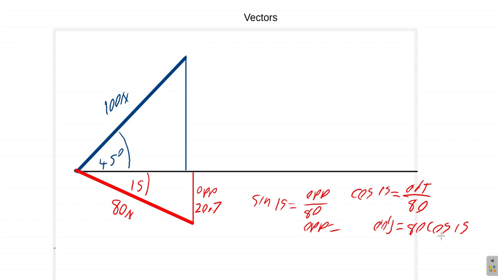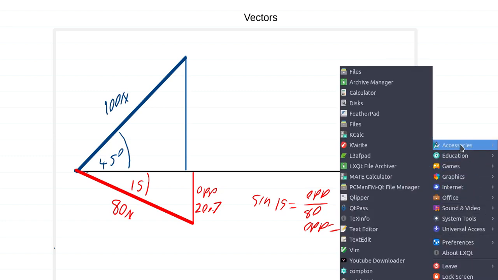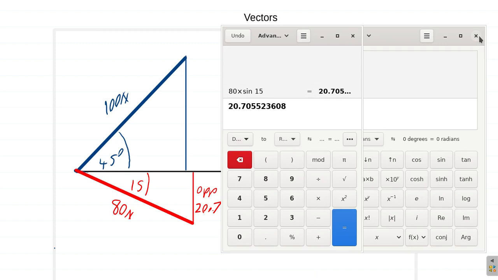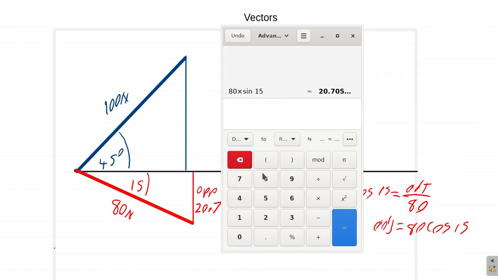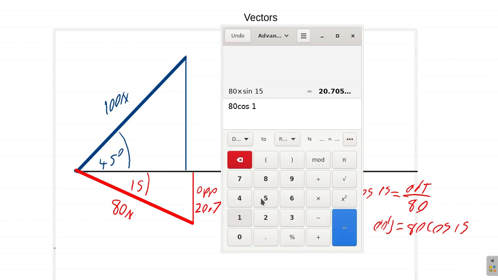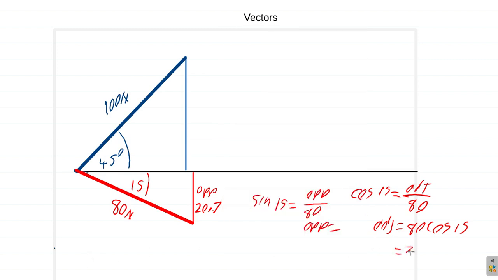So in that case, we look at our calculator and find 80 times cos 15 degrees, which equals 77.27. So up here is 77.27.